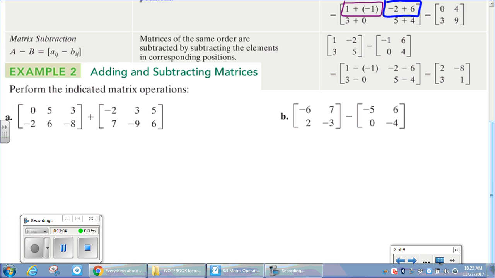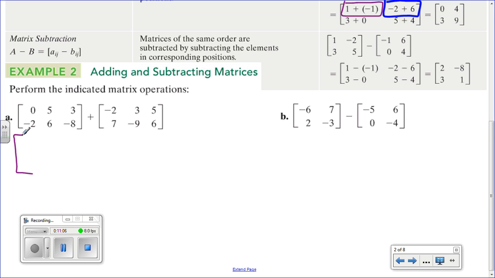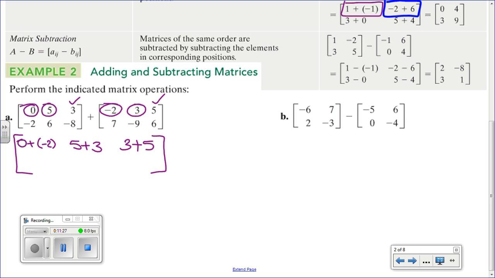Okay, so in this case, I'm going to just write the long way, so 0 plus -2, and then now 5 plus 3, and then the next one will be 3 plus 5, and then -2 plus 7, 6 plus -9, and then -8 plus 6.